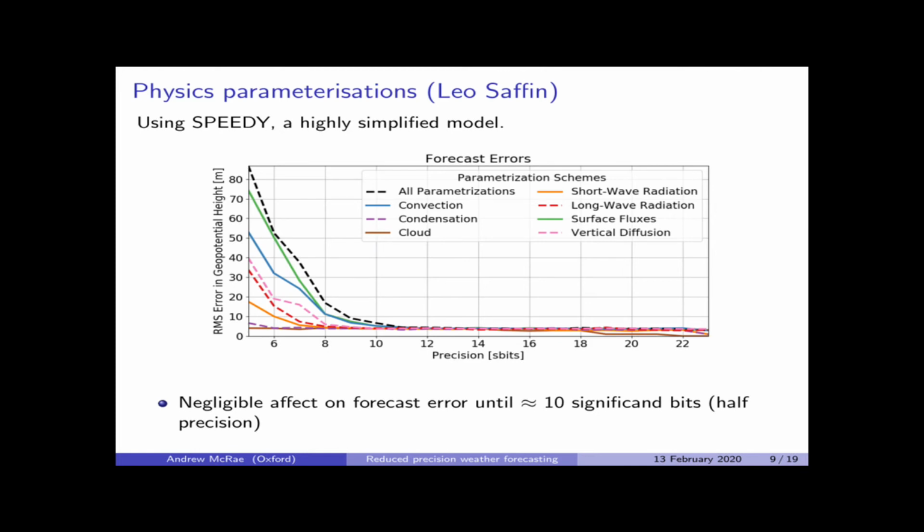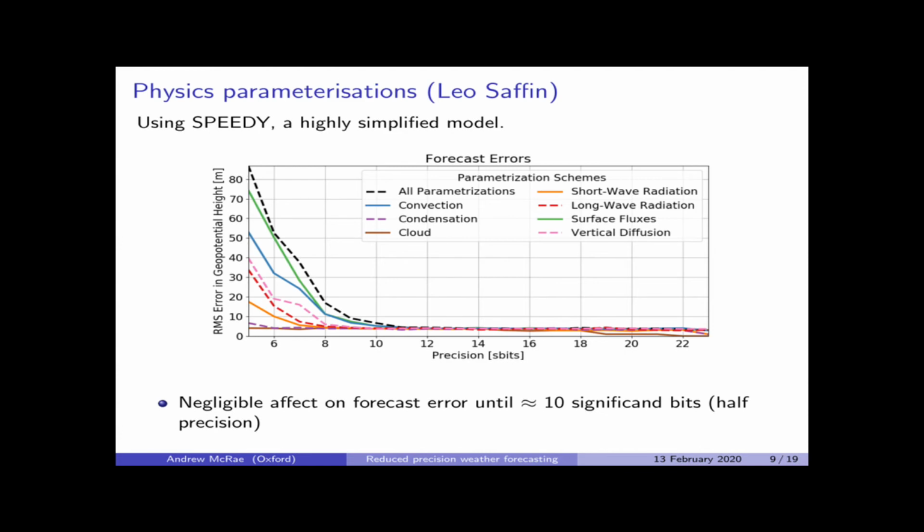So I'm now going to go through a few other things. My colleague Leo Safin was looking at reduced precision for the physics parameterizations. So this is basically the parts of the model that aren't trying to just solve a PDE. This is not using a real weather model, but it's using something called SPEEDY, which is a highly simplified model.